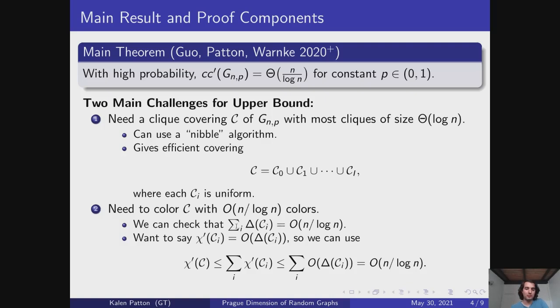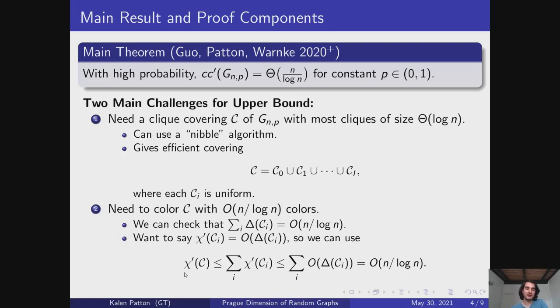So because we know that the sum of the maximum degrees is on the order of n over log n, all that we really need is to be able to say that the chromatic index of each of these partial clique coverings is on the order of its maximum degree.